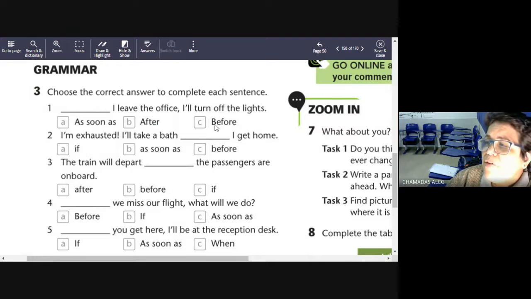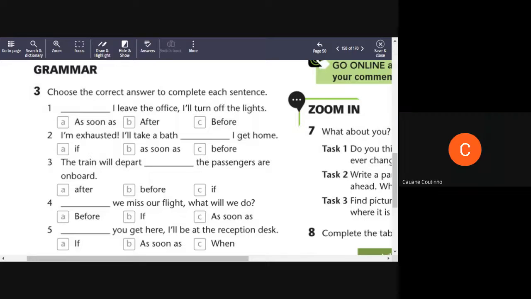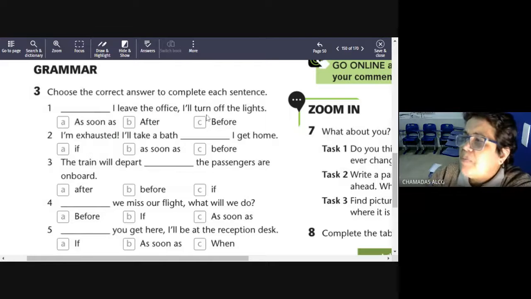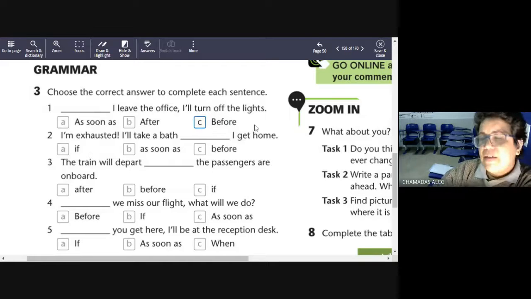Or before I leave the office, I'll turn off the lights. Before. It makes more sense, right? Before I leave the office.